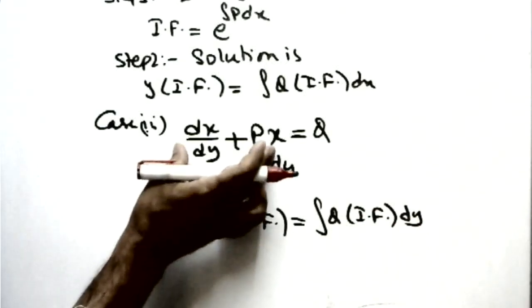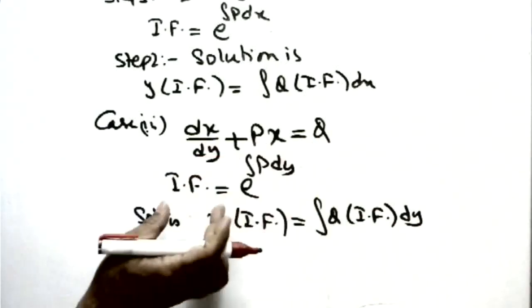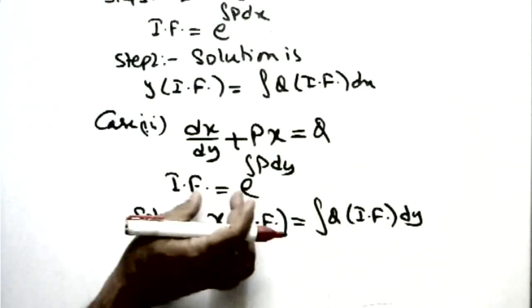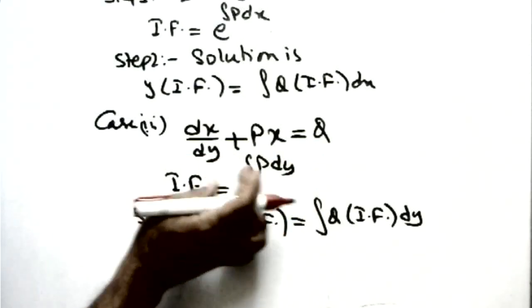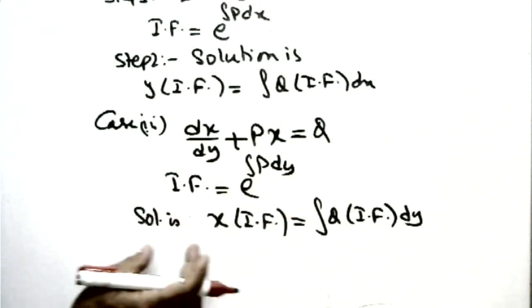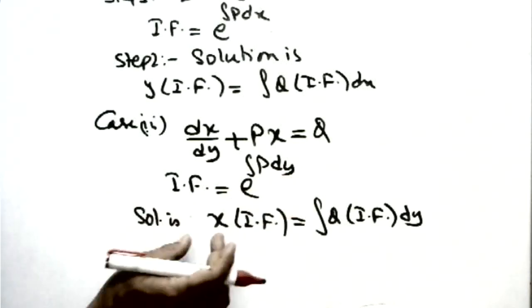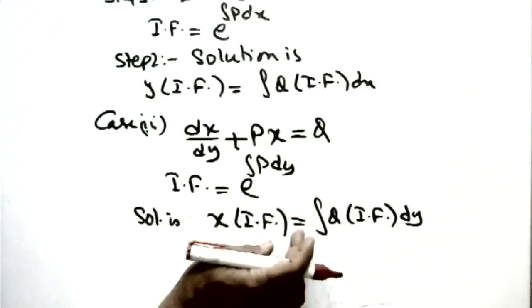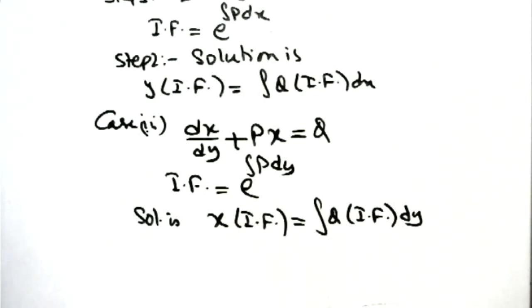So if we get dx by dy plus px equals q, we find the integral factor e to the power of integration p dy, and the solution is x into integral factor equals integration of q into integral factor dy. Let me do some questions on this type.